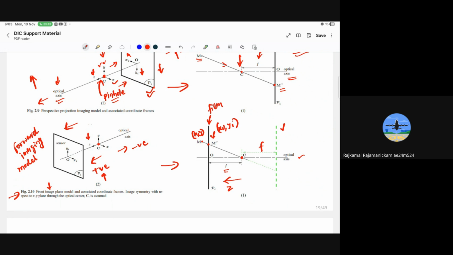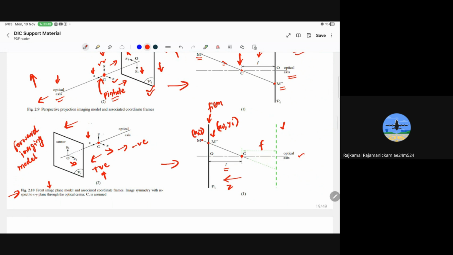Basically, if x is positive for the camera here, then the positive x will also be in the same direction in this. Similarly, if the y is in this direction for the camera, for the forward imaging, the y for the film will also be in the same direction. So it is for easy transformation from the camera to the film.